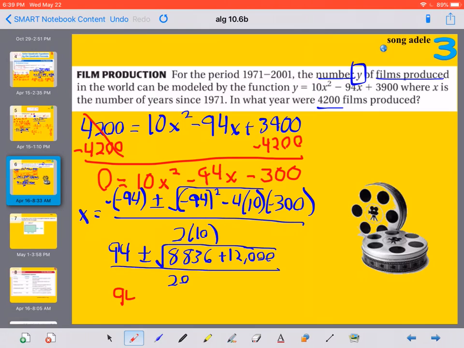So 94 plus or minus 12,000 plus 8,836. So it could be the square root of 20,836 all over 20.